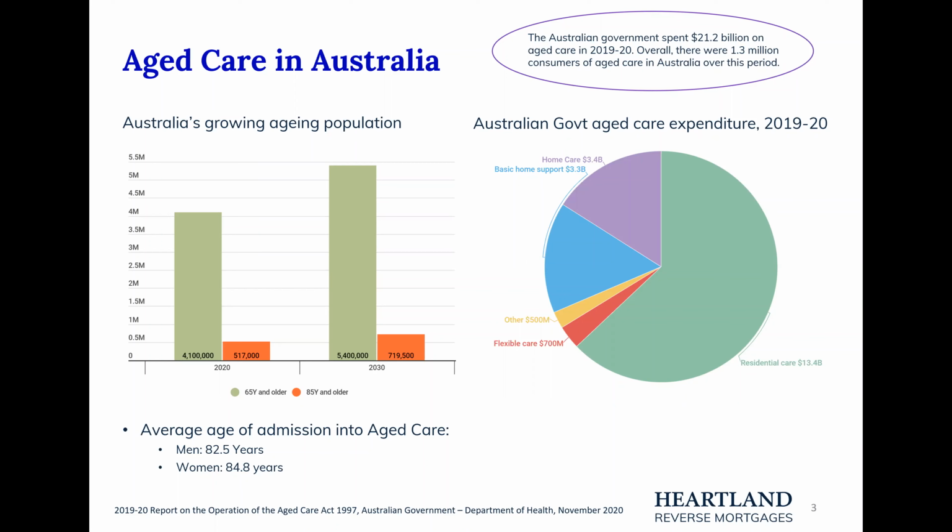Looking at this pie graph right here, it really just shows the allocation of aged care. The majority does go through to residential care, with the rest going towards home care and basic support between $3.4 billion and $3.3 billion each. It's also important to note that even though the majority of the funds spent are allocated for residential care, two thirds of consumers of aged care are actually within their homes and are not actually in aged care.